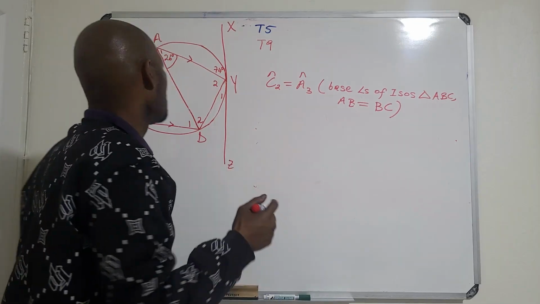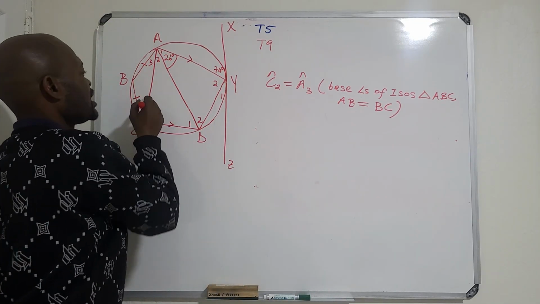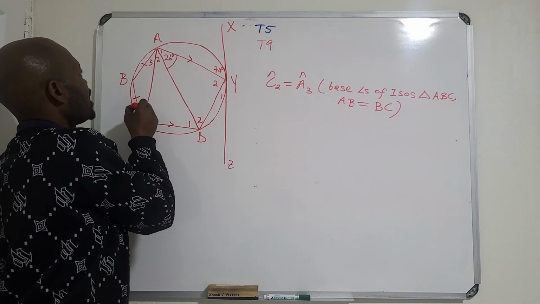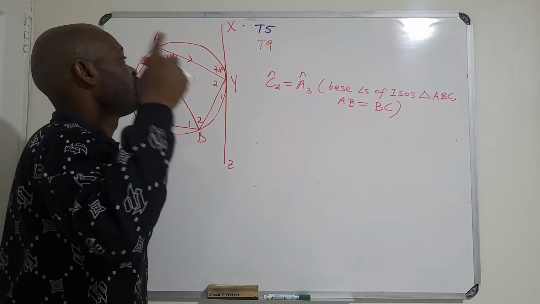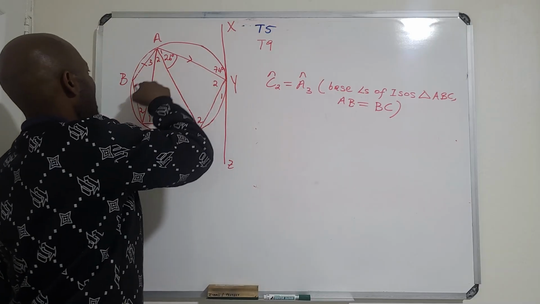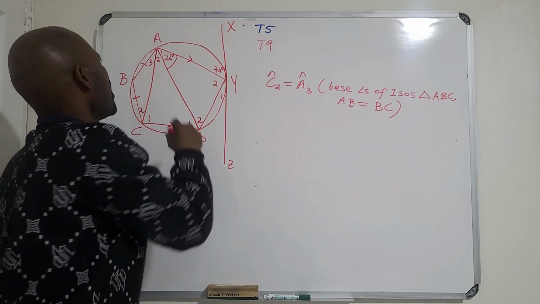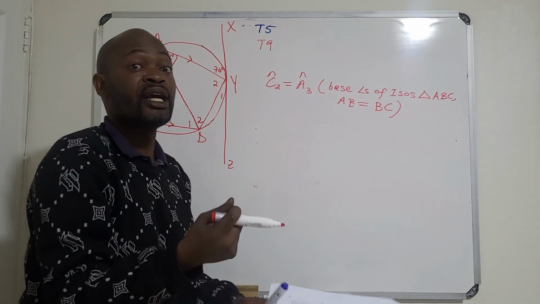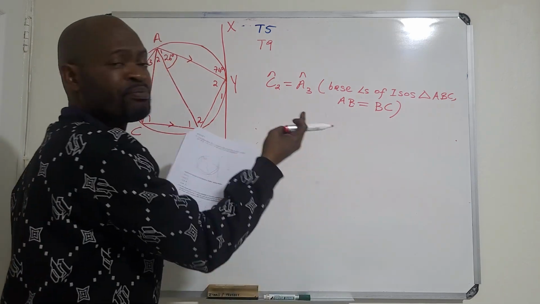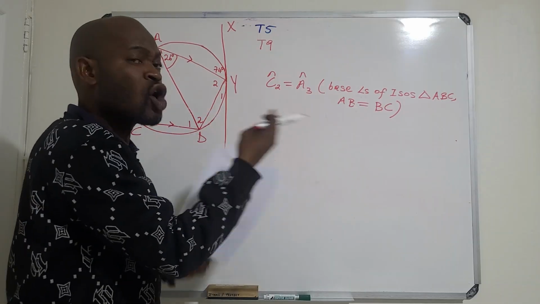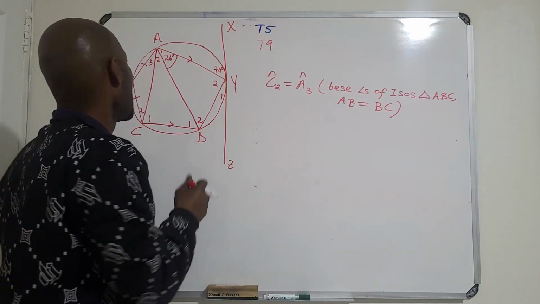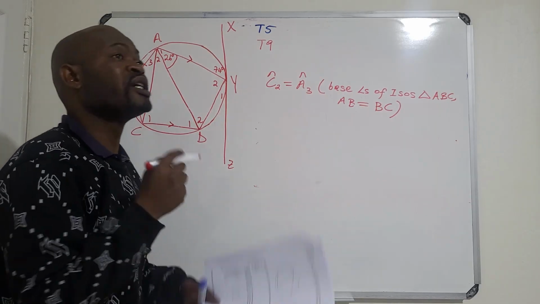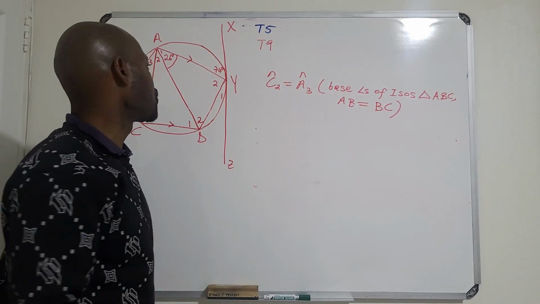Now, most times when base angles are equal, no need for us to add this plus this plus this as we normally do, even in the previous examples. In a lot of examples that I've done, I've been adding this plus that, and it's a good practice to do that.